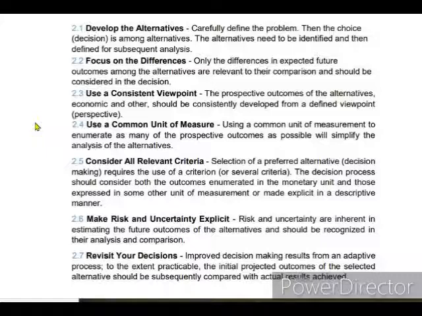Next, consider all relevant criteria. Selection of a preferred alternative or decision making requires the use of a criterion or several criteria. The decision process should consider both the outcomes enumerated in the monetary unit and those expressed in some other unit of measurement or made explicit in a descriptive manner.